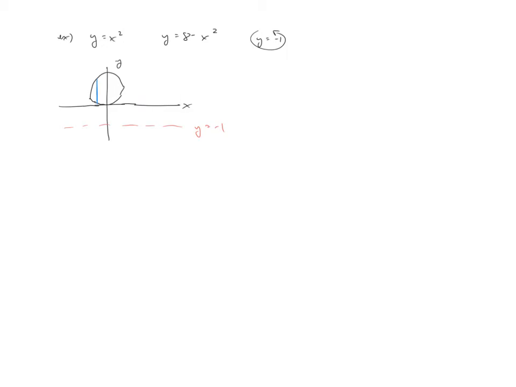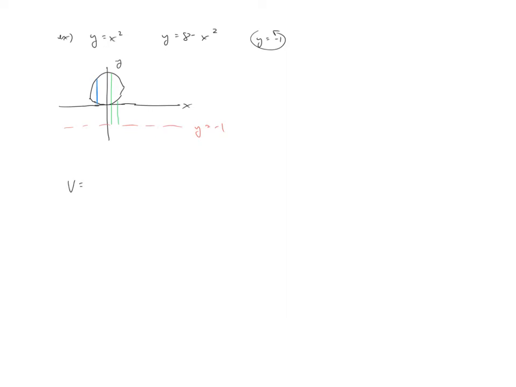But because our axis of rotation is not y equals 0 anymore, but instead y equals negative 1, we're going to have to take that into consideration for the overall radius. In fact, when we talk about the radius, it's not just going to be the blue. The top would actually need to be this right here, and the bottom would actually need to be this right here. So let me show you what this looks like now as we get it set up.